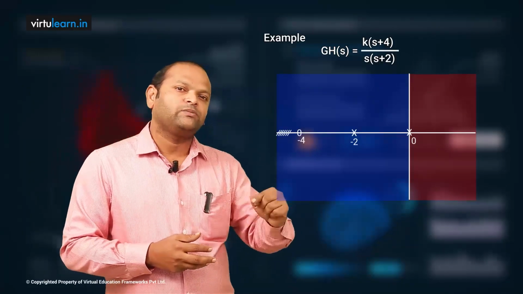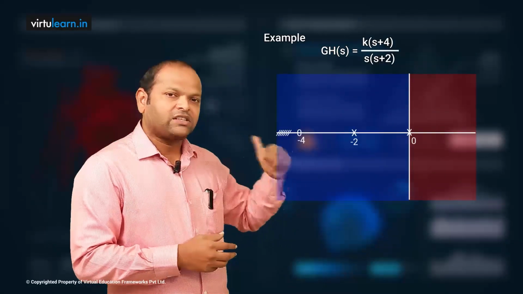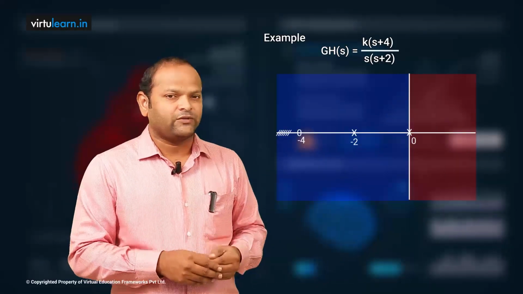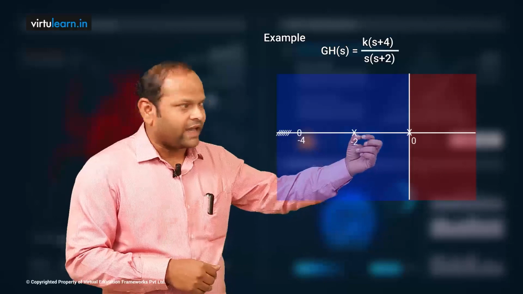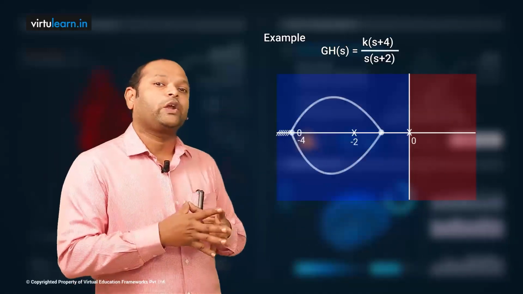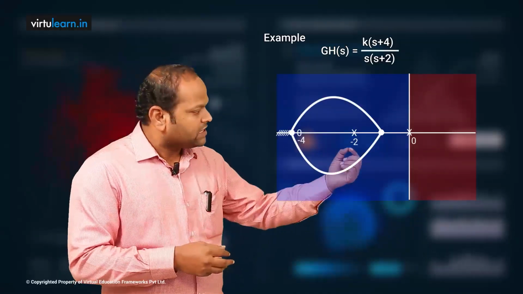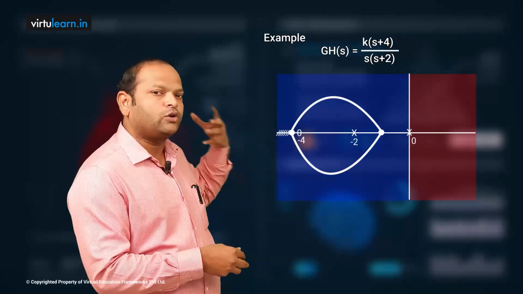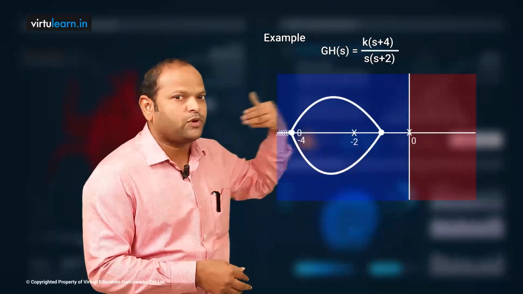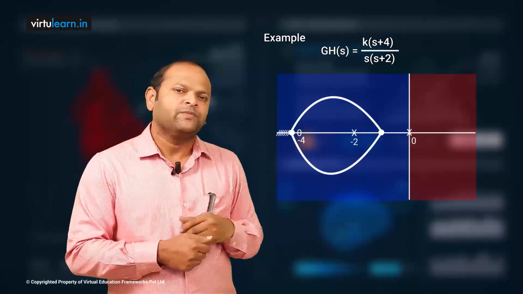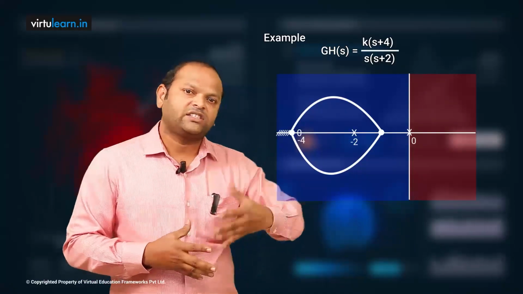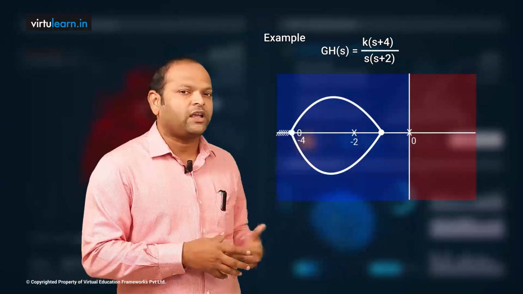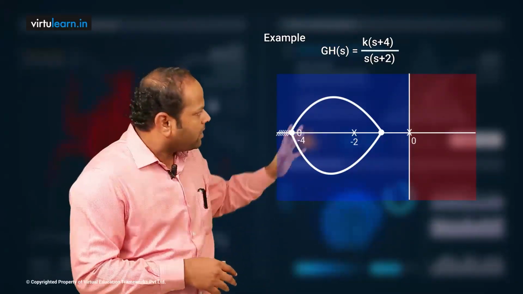And we know that if you have one asymptote, the asymptotic angle is 180 degrees. Therefore, wherever it starts, it will go towards negative infinity only. So when it is going to negative infinity, my root locus branches will also go towards the left direction. There is no possibility of crossing the imaginary axis. Let us check whether this possibility is correct or not. Here we don't have any possibility of an imaginary crossover point.